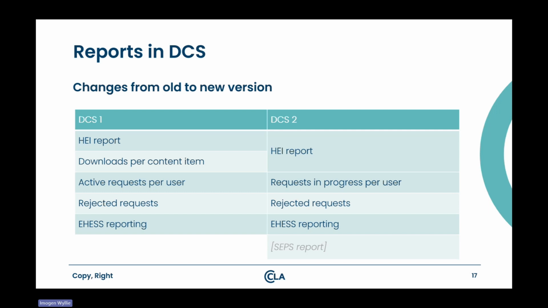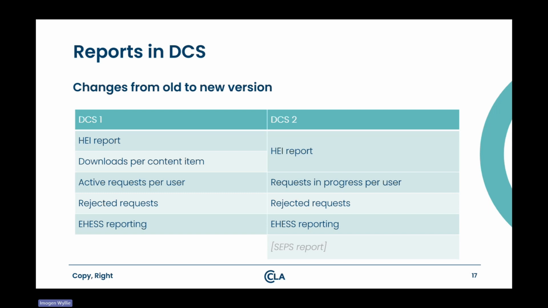Firstly, the HEI report. This is the same, except that in DCS2, we've combined the downloads per content item and the HEI report into one. Why? Mainly because people were saying that it was a real pain having to download two and combine them into a single spreadsheet. So we've done that for you.